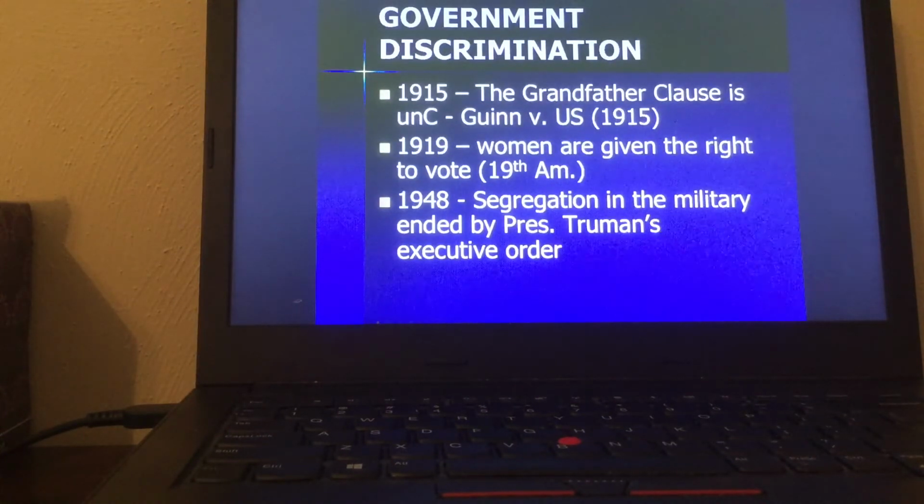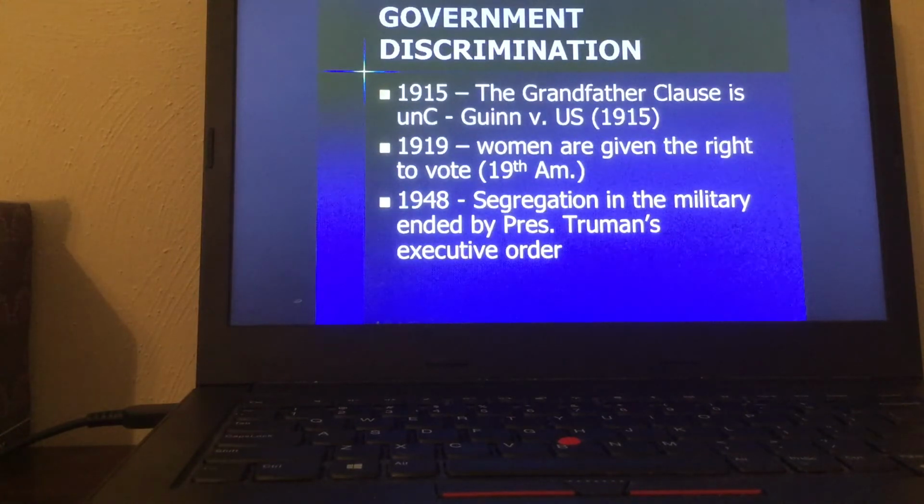Over time, things start to change. In 1915, the Supreme Court stepped in and said the grandfather clause is unconstitutional. And the grandfather clause, you may have talked about this in American history too, said that if your grandfather didn't vote, you couldn't either.